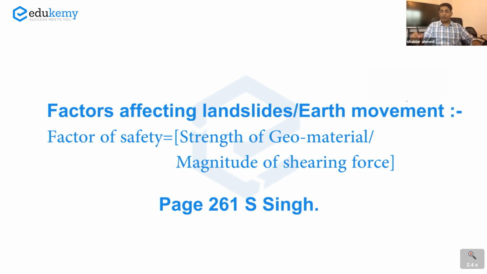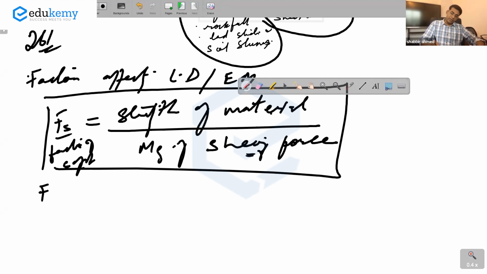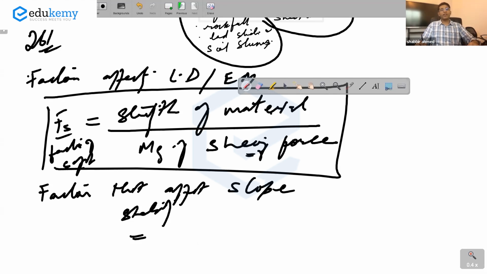And the strength of the material. The stronger the material, the more robust the material, the more well consolidated the material, the more is the factor of safety. So the factors that affect slope stability are a list of three or four points.